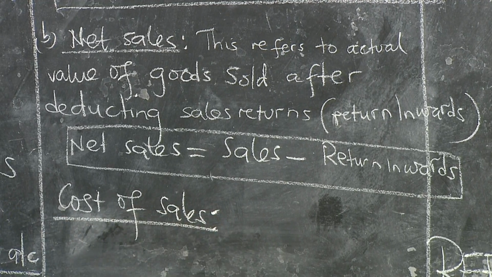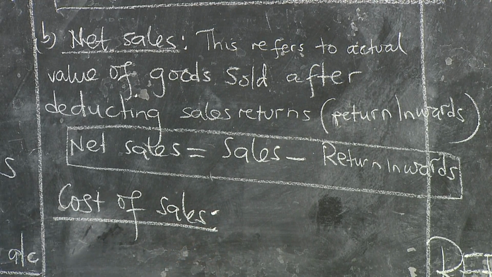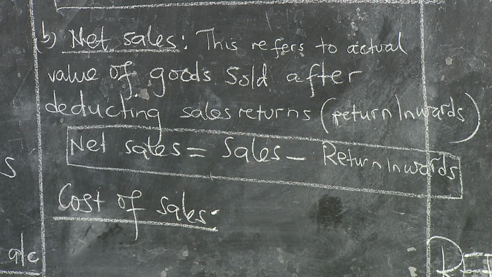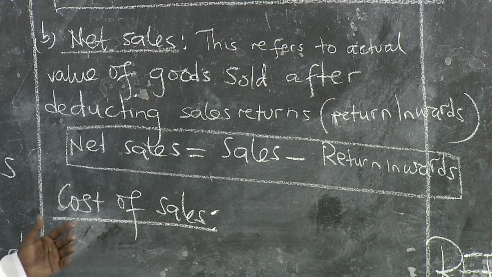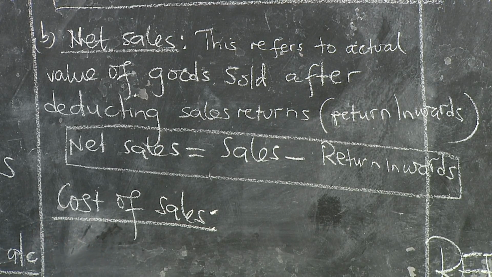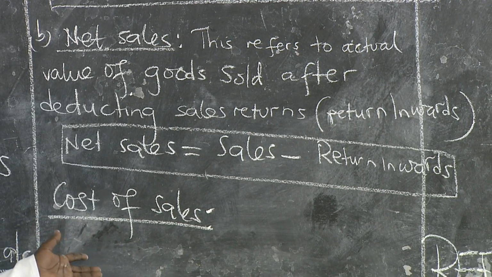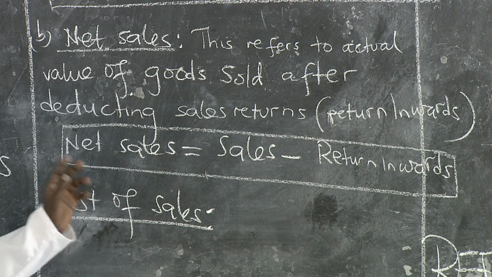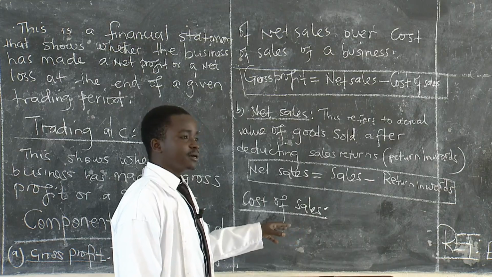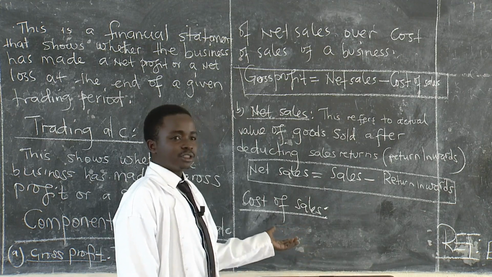Cost of sales. So with cost of sales, in the process of purchasing goods, which you want again to sell, you spend some money. If you go to town to purchase some goods and you want to bring them somewhere and you sell them, there is an amount of money that you incur. There is money spent on buying them, maybe money spent on transporting them, money spent for loading and offloading.